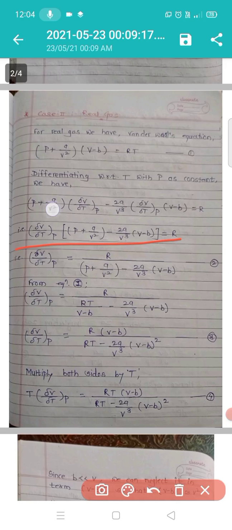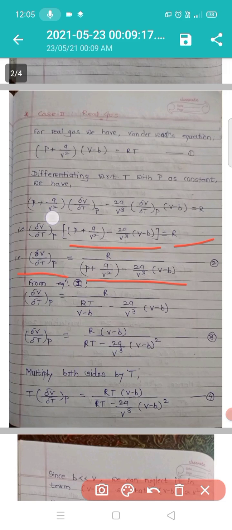Here (∂V/∂T) at P is taken common. Then we rearrange for (∂V/∂T) at P. We get the equation R upon [P + a/V² − 2a/V³ (V − b)], where this gets divided on the other side.